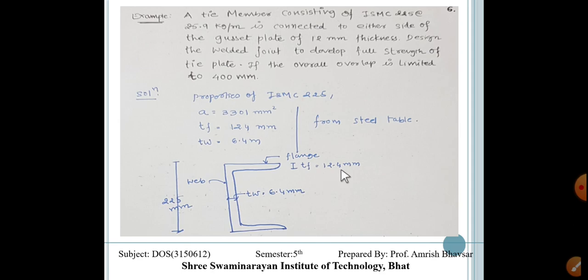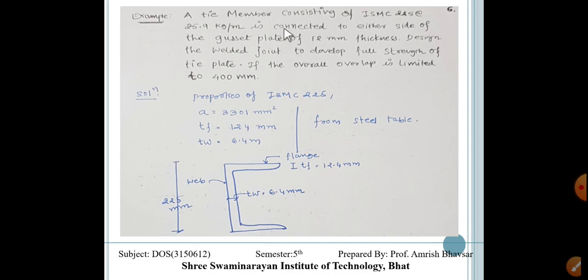It is standard and is given in the steel table. And the thickness of this web TW is 6.4, that is also given in the steel table. So from this steel table we can get the thickness of the member and the total height of the cross section.